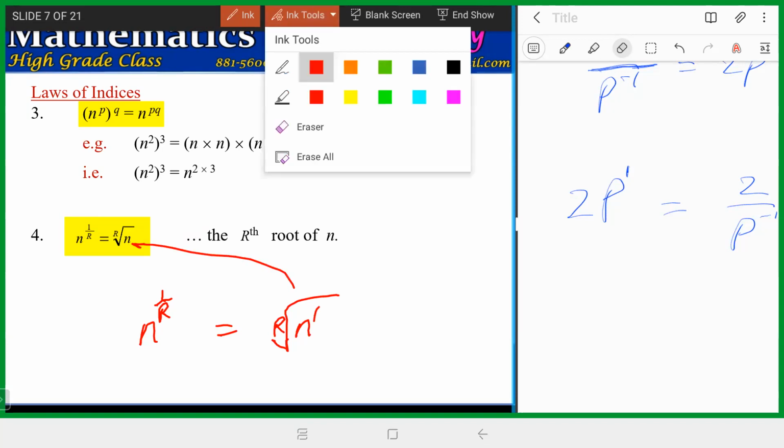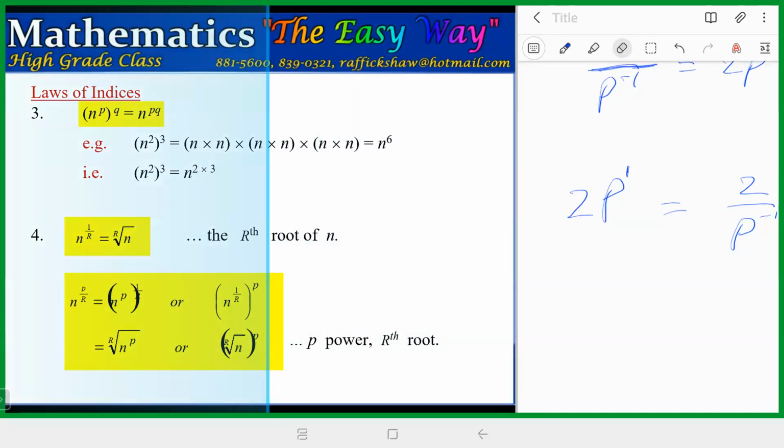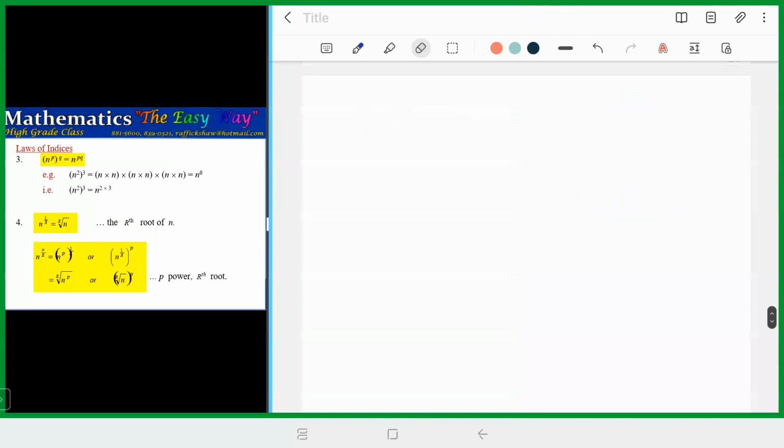Let me use another example. Look at that thing that's up here, on the slide. These are things that you absolutely must know.